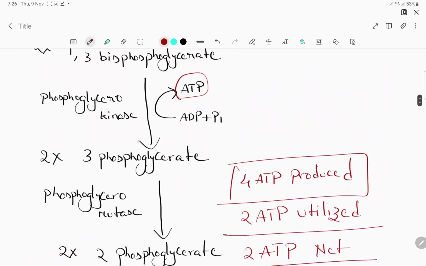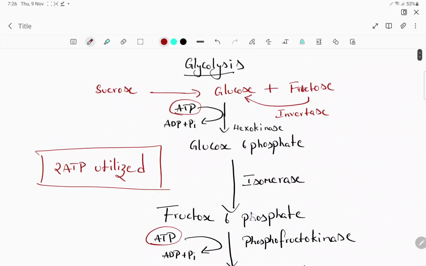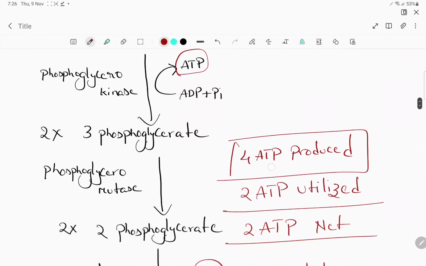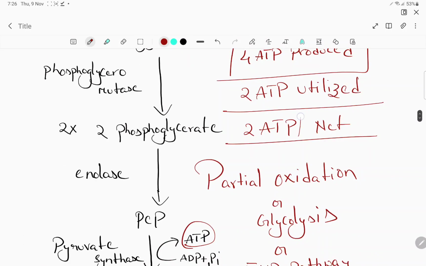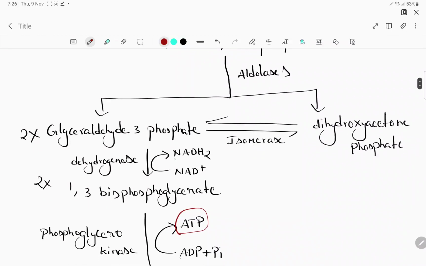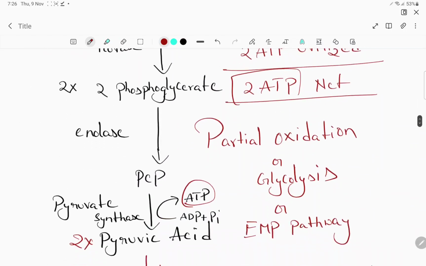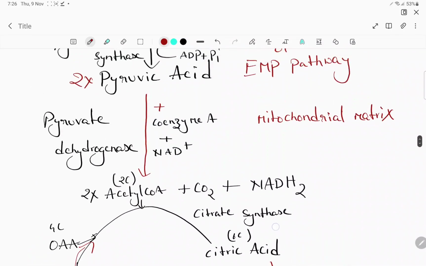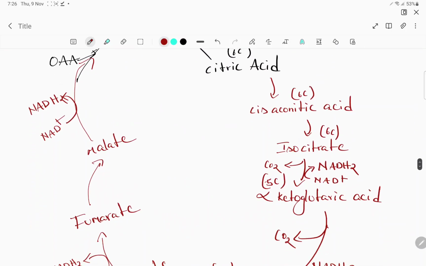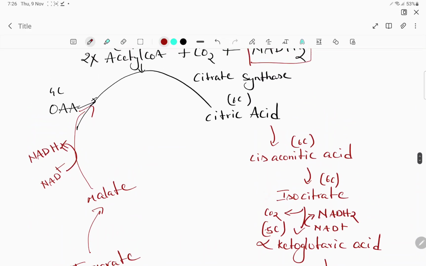So if you see here, we have 2 ATP, that is for sure. We have 2 ATP from glycolysis. From glycolysis, here we have 2 NADH2. And coming to the link reaction, here we have 2 NADH2, totally 4. And this cycle will happen 2 times because 2 acetyl CoA are formed.